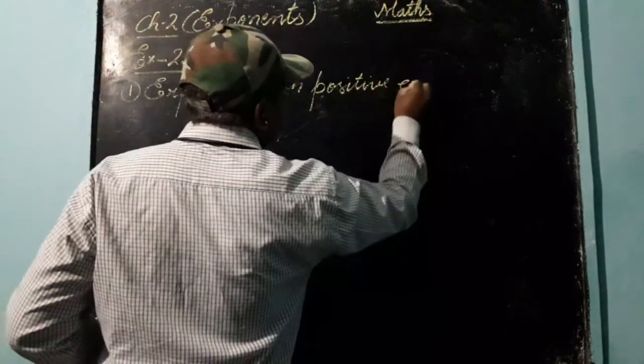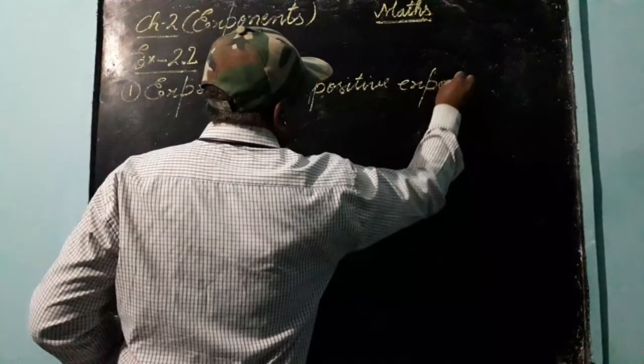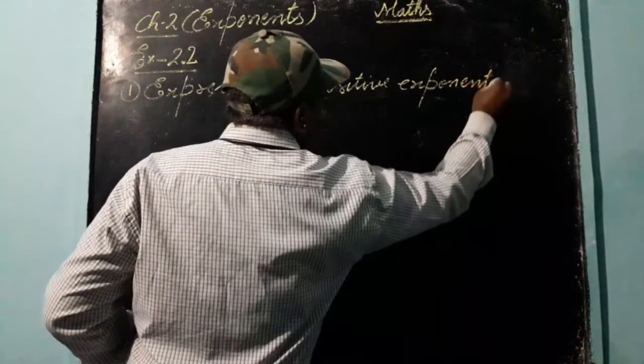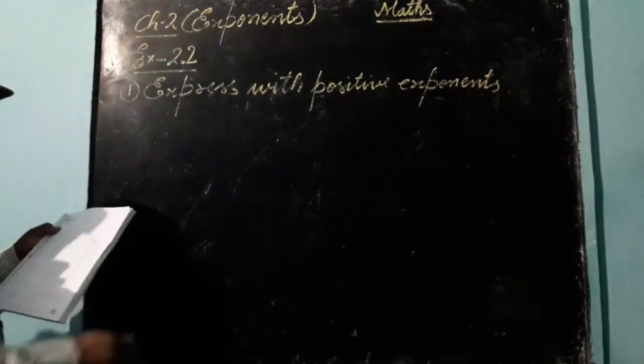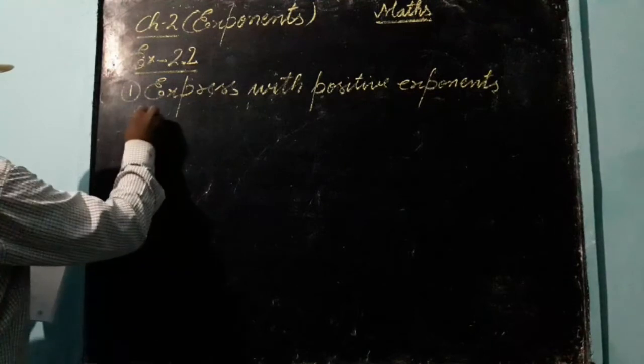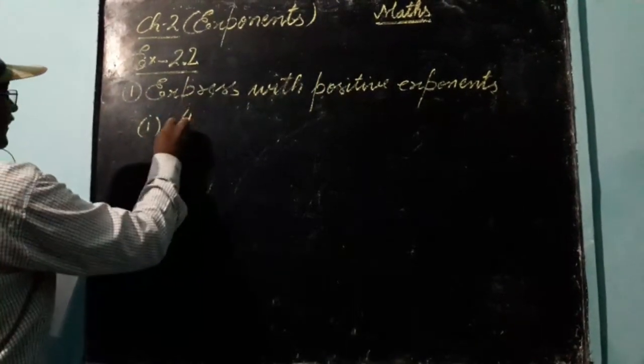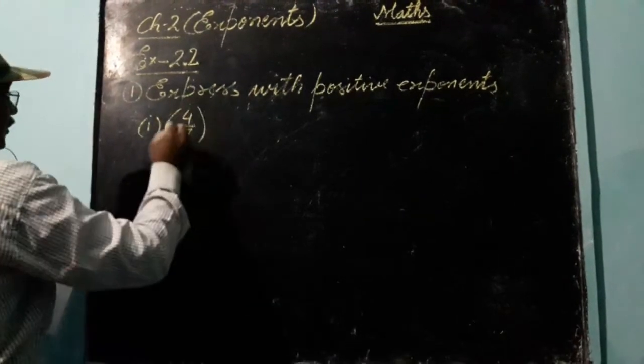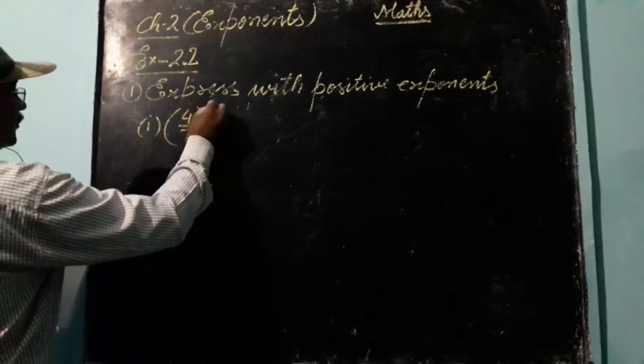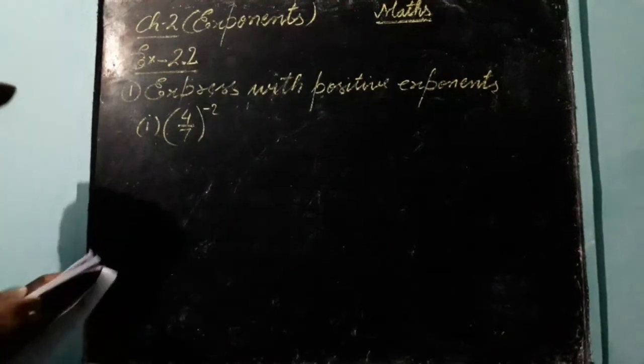Clear students? First given here is 4 upon 7 to whole power minus 2. Clear? How will you make it?